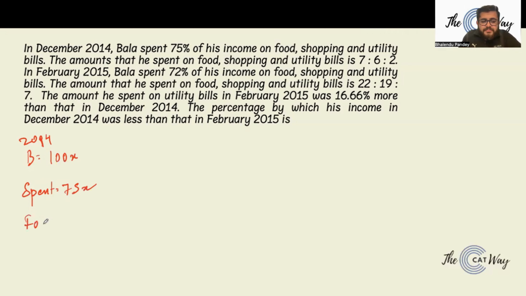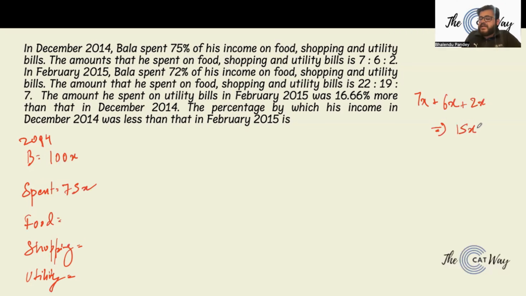So we have food, shopping, and utility. Let's say on food he is spending 7A, on shopping 6A, and utility 2A.